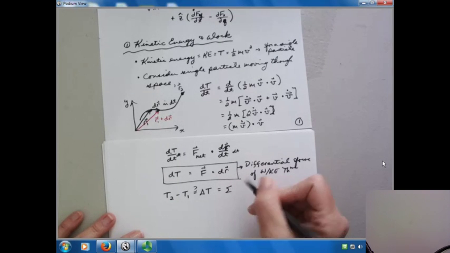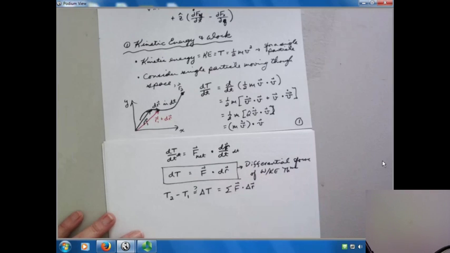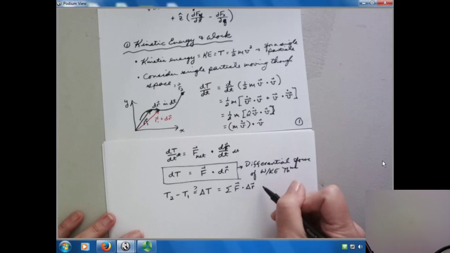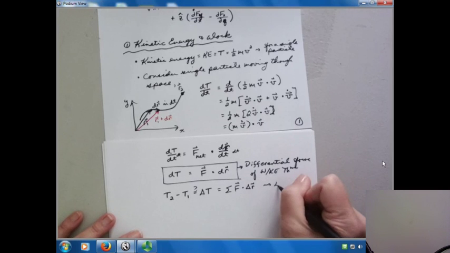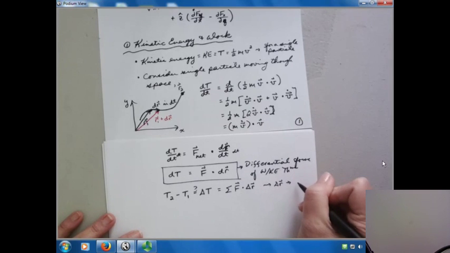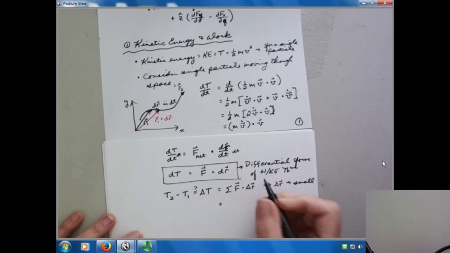F dot delta r, if such terms were possible. But really what we tend to do is we tend to take the limit where delta r becomes infinitesimally small, in which case this summation becomes an integration.